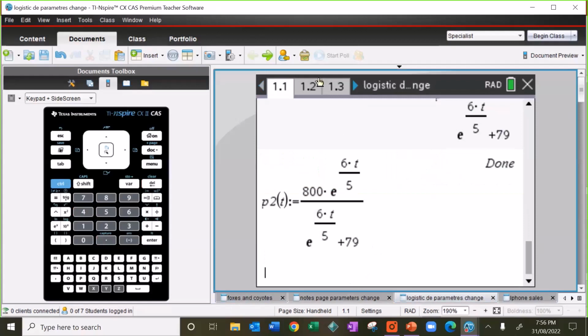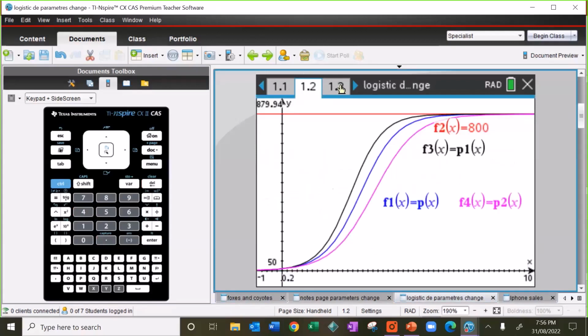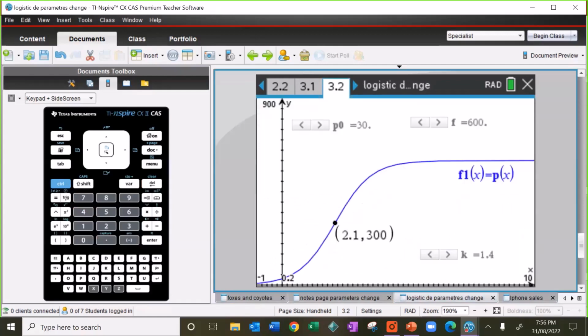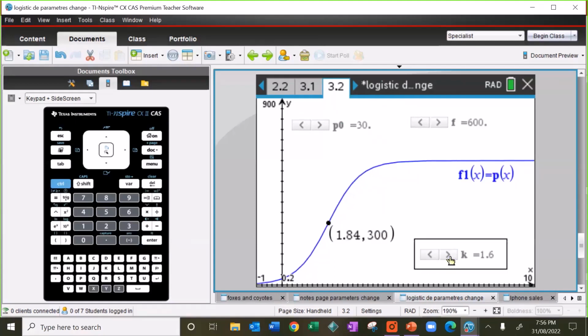Another way also of doing it is looking at sliders. So this time I have my solution to the logistic curve, and I set up 3 sliders. One is for the initial population, one is for the carrying capacity, and one is changing K. So that is quite good because it's quite dynamic.